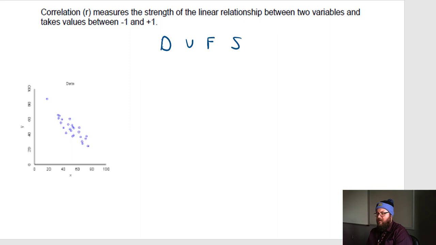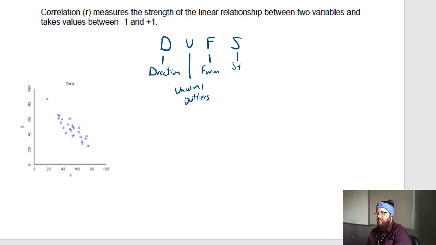So we have direction, unusual outliers, form, and strength. If you use that acronym to describe, if you're asked to describe a dot plot and you use that, you can definitely label this no problem.